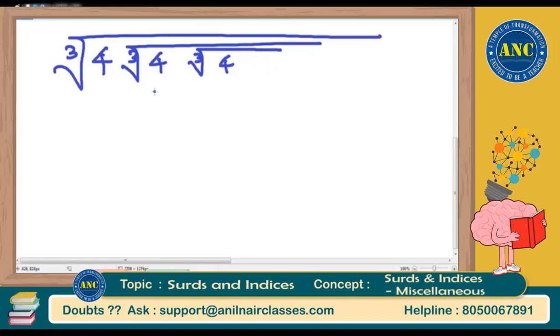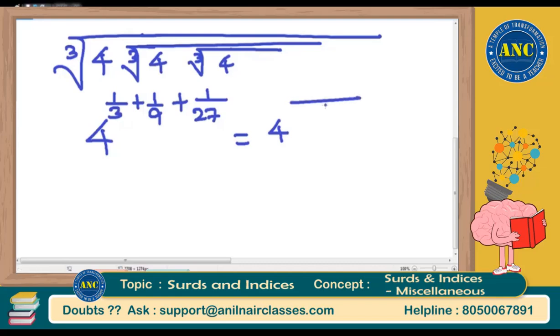So this is 4 power 1 by 3 for the first term. It is 1 by 3 times 1 by 3, which is 1 by 9 for the second term. This is 1 by 3, 1 by 3, 1 by 3, which is 1 by 27 for the next term. So it is 4 power, if I take LCM 27, 9 plus 3 plus 1. It is 4 power 13 by 27.